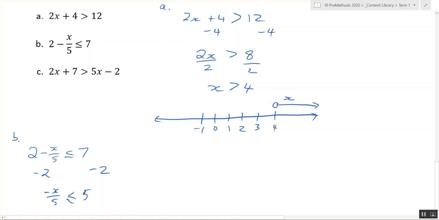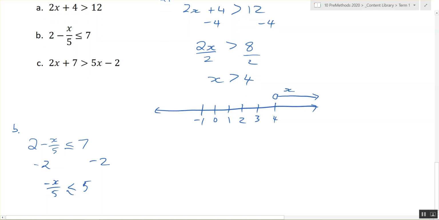Yep. All right, and now we have negative x over 5. Any thoughts what to do? So we could times both sides by 5. I'm going to do like an extra step. Times both sides by a different type of 5, a negative 5.